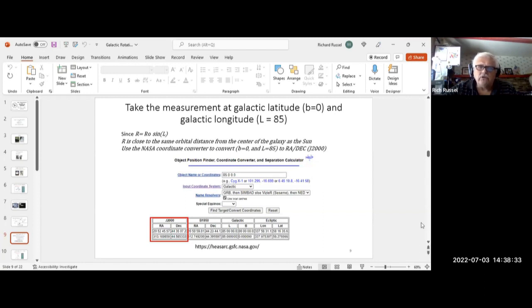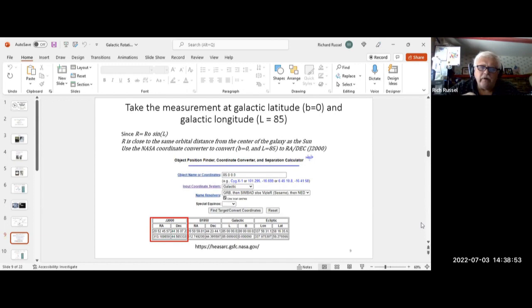So if you go to the, I think I had the website there. This is the, oh, I forget which one this is. The NASA coordinate converter. So it's a NASA Goddard website.